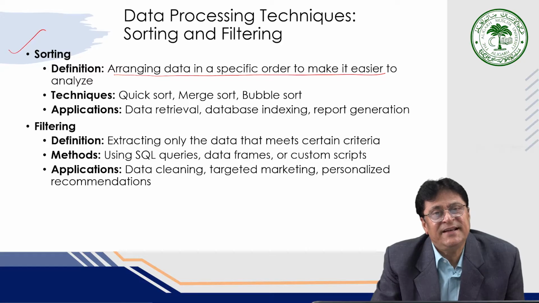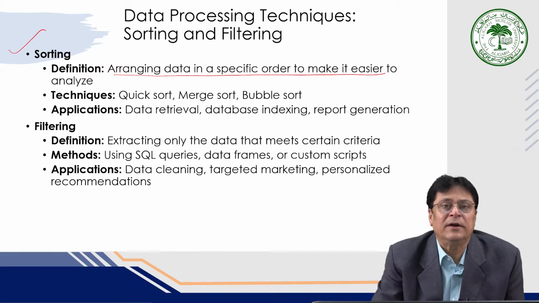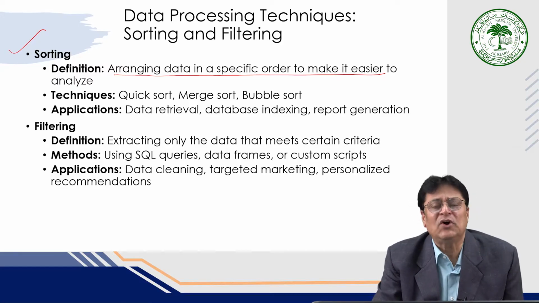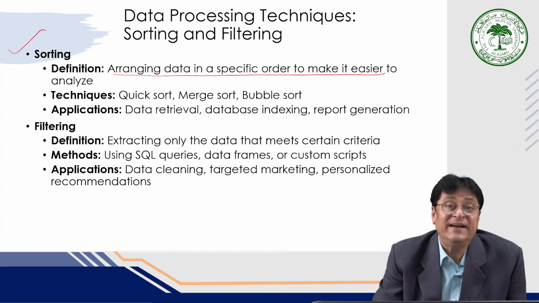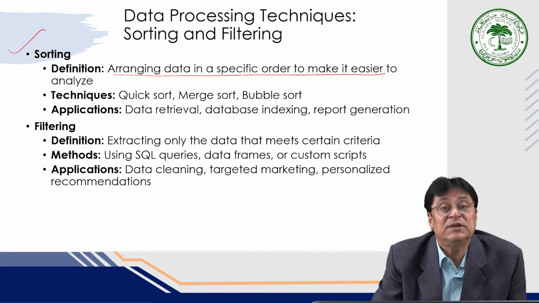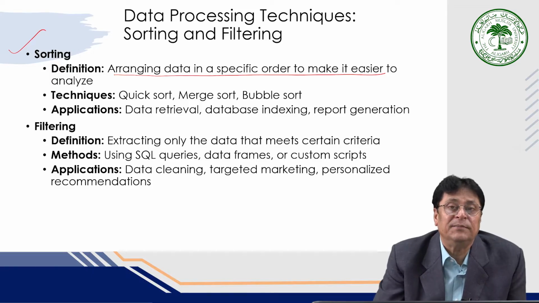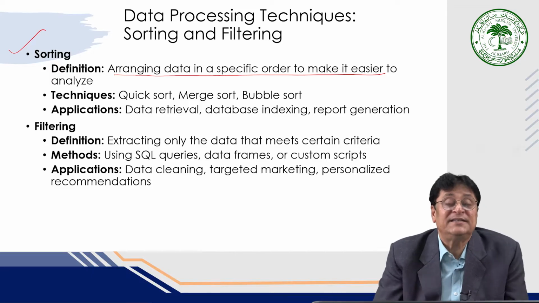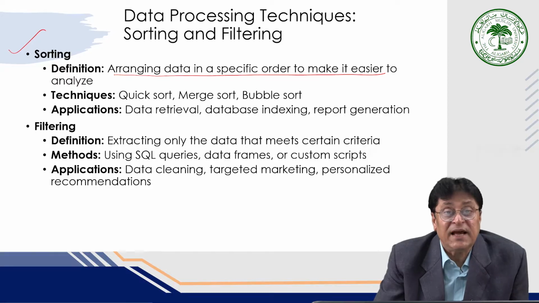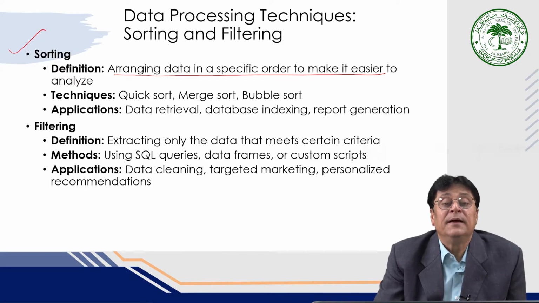And there are various techniques, say for example, quick sort, merge sort, bubble sort. All these are important techniques which are used for the purpose of sorting, and which is a very common understanding of computer science students, right?